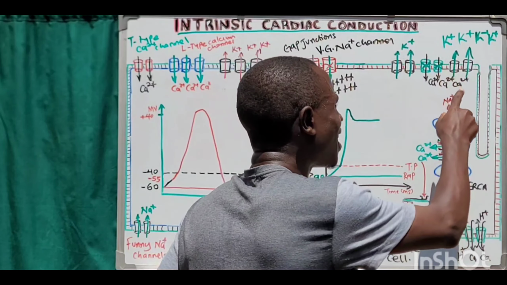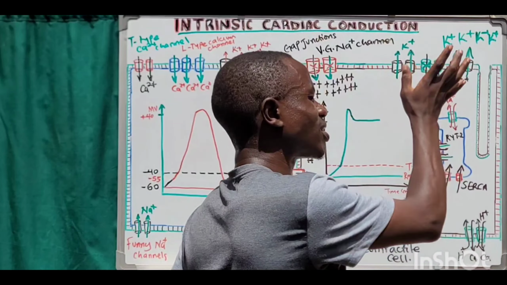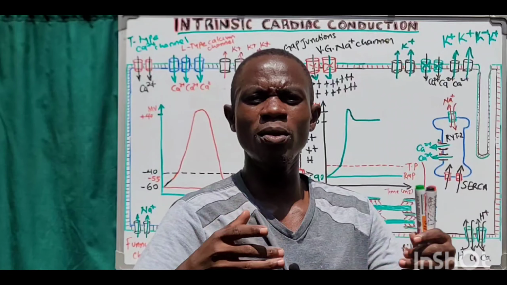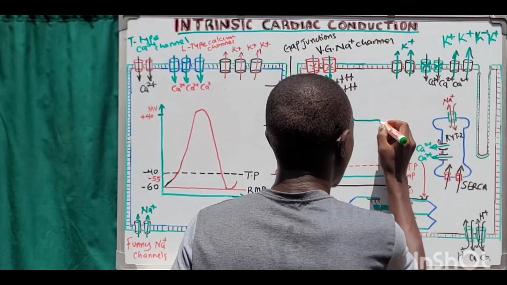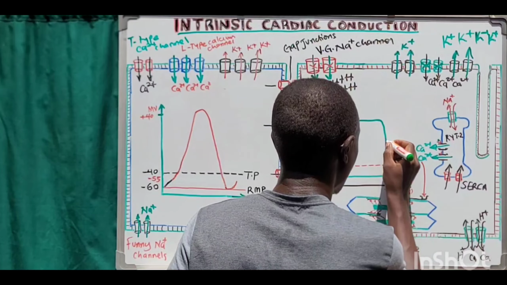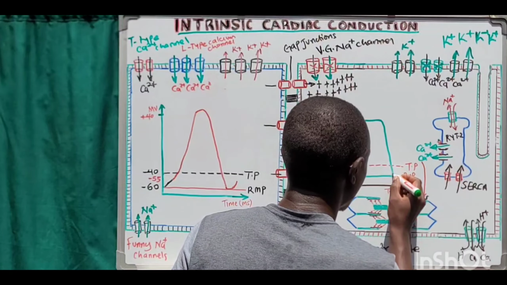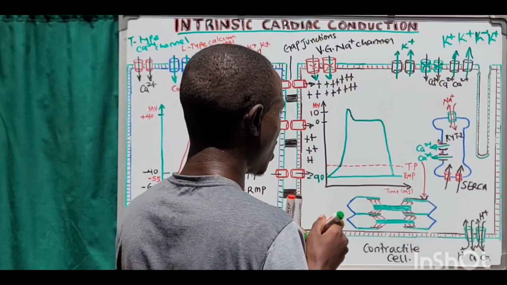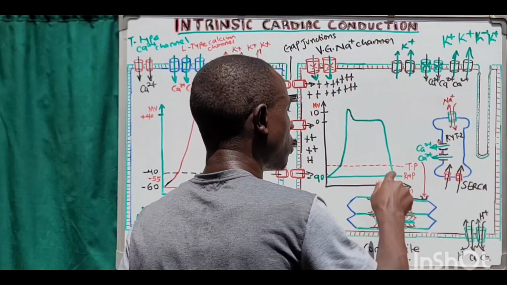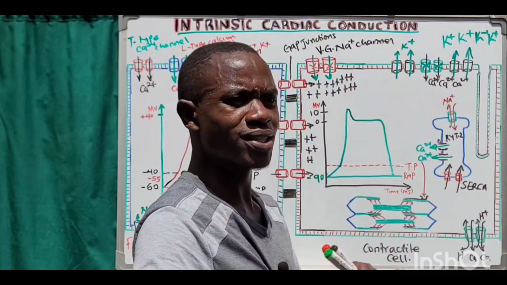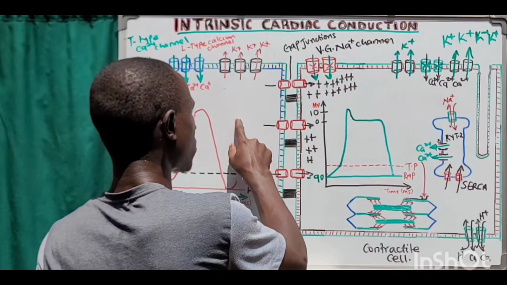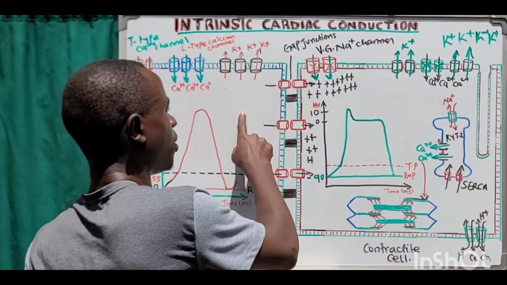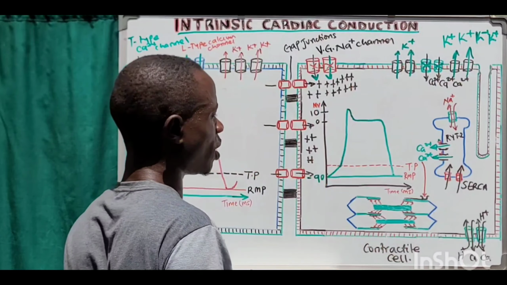Now, generally, the efflux of the potassium ions is going to be moving the membrane potential back to the resting membrane potential. As it reaches the resting membrane potential, it's going to be staying there until some more calcium ions move from the nodal cell and then trickle into the contractile cell.